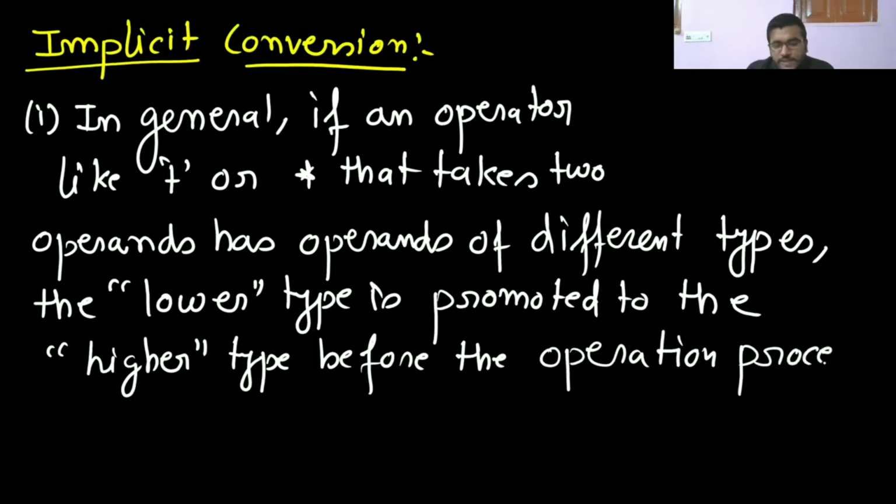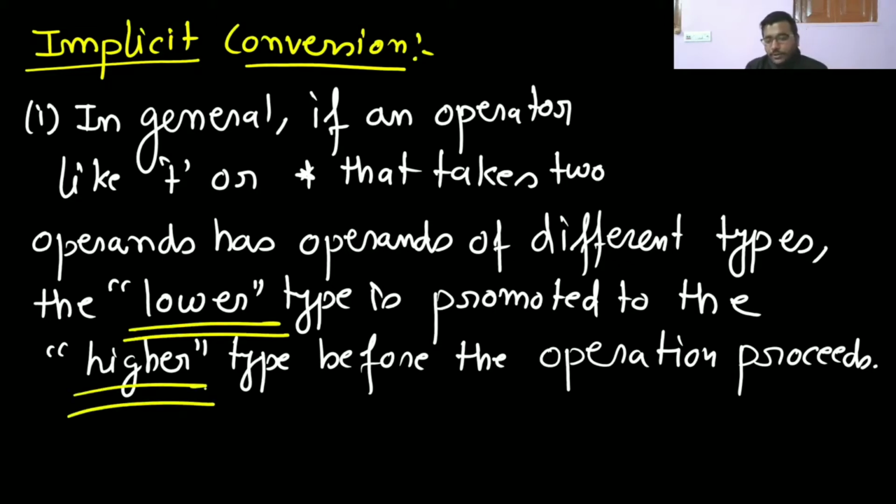This is implicit, it will happen automatically. So if you have a binary operator with two different operand types, the lower type is going to be promoted to the higher type before the operation proceeds.